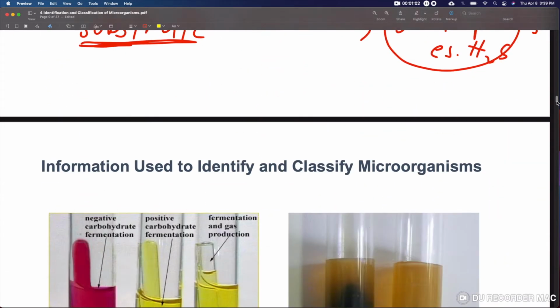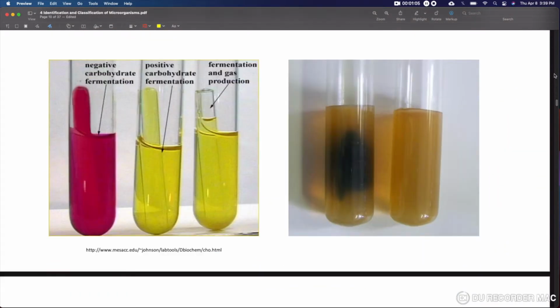Examples of your biochemical tests are here. We have your negative carbohydrate fermentation, positive carbohydrate fermentation, and fermentation and gas production. So in this case, this is the substrate, right? Initially, the color of this substrate is pinkish, but after inoculation with the organism and after incubation, if that organism can ferment or utilize that carbohydrate, it can change color or produce reaction bubbles, gas bubbles.